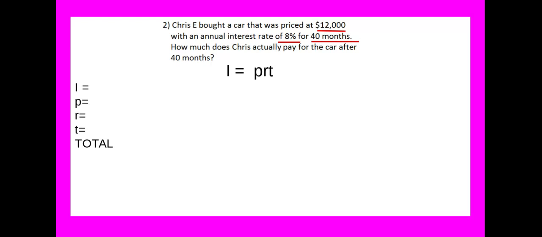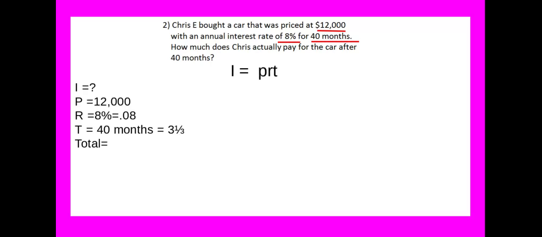So write down all the pieces, and now we're totaling how much he owes, so we need another step for the total. Our interest we're still looking for. The principal is our money, which is $12,000. Our rate is our percent, 8% turned into a decimal. And finally, our months is converted into years by dividing by 12, and it's 3 1/3.